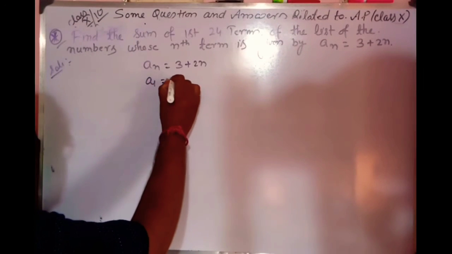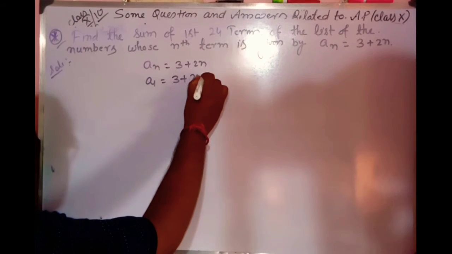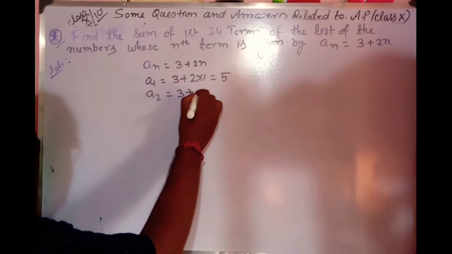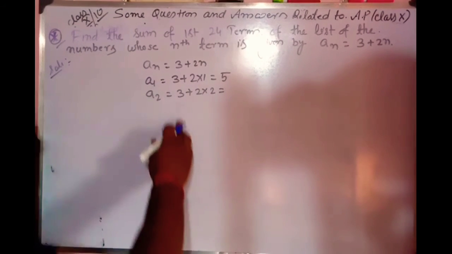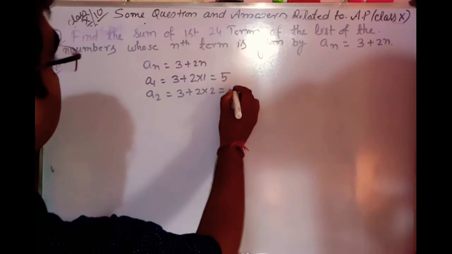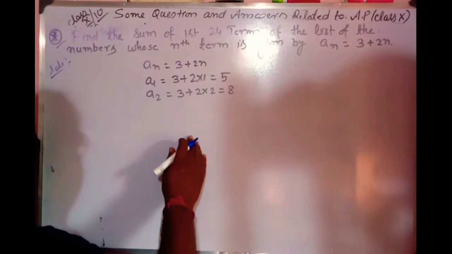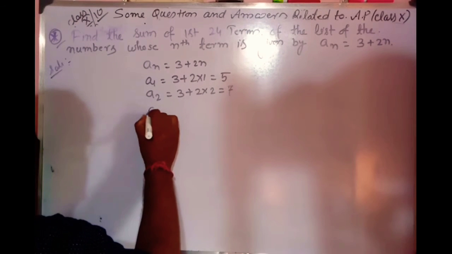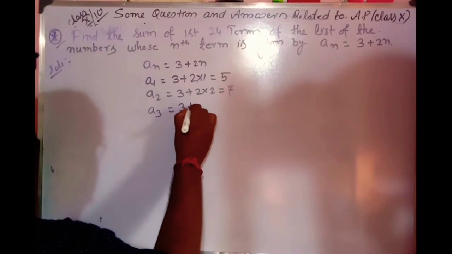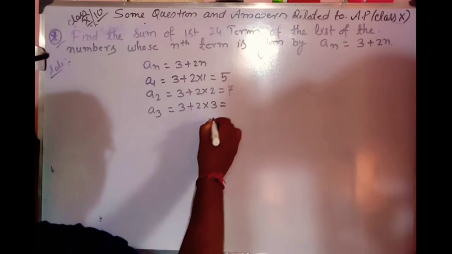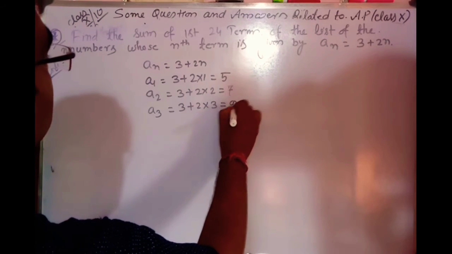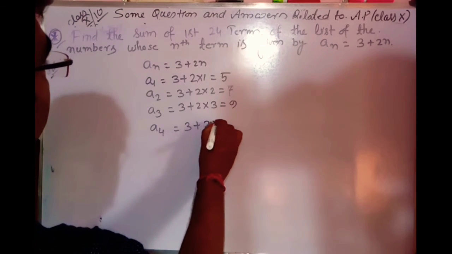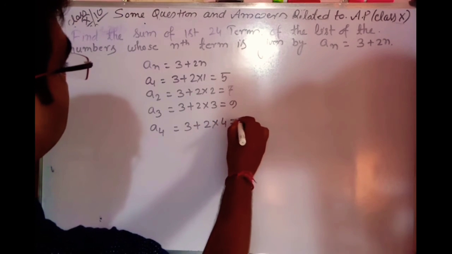So a1 equals 3 plus 2 into 1, that is 5. a2 equals 3 plus 2 into 2, that is 7. Next a3 equals 3 plus 2 into 3, that is 9. a4 is equal to 3 plus 2 into 4, that is 11.